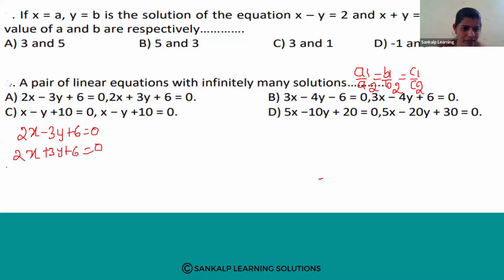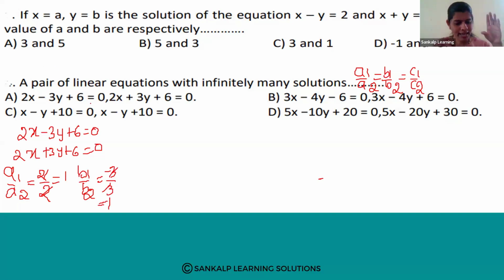So compare a1 divided by a2, that is 2 divided by 2, you will get 1. b1 divided by b2 is minus 3 divided by 3. So you will get minus 1. So this is not correct. Why? Because we want the result 1. For a1 divided by a2 to be equal to b1 divided by b2, you need 1. So here minus 1 is there. Therefore a1 divided by a2 is not equal to b1 divided by b2. So this option is wrong.